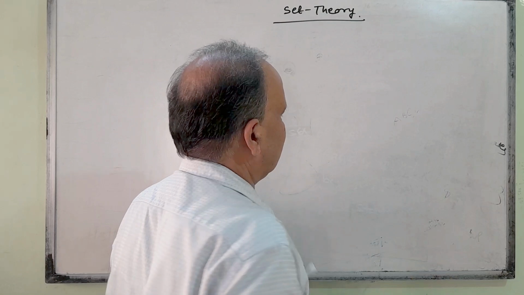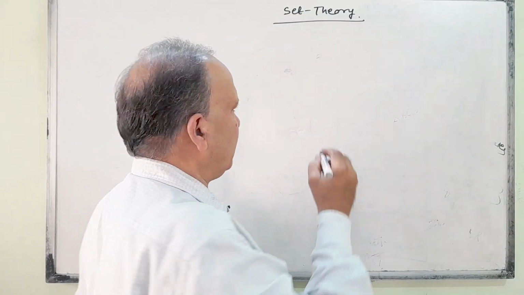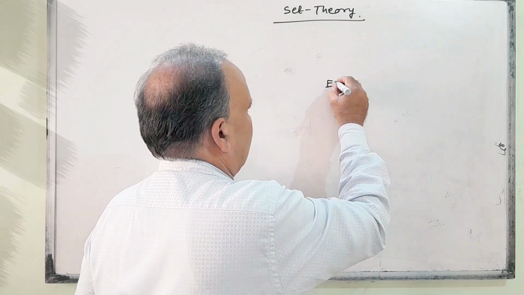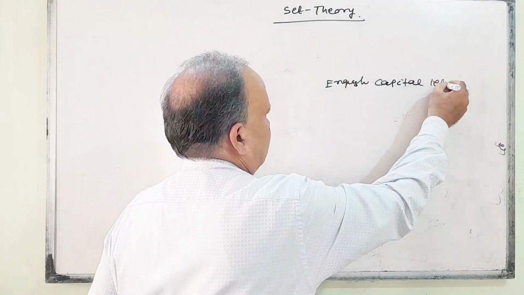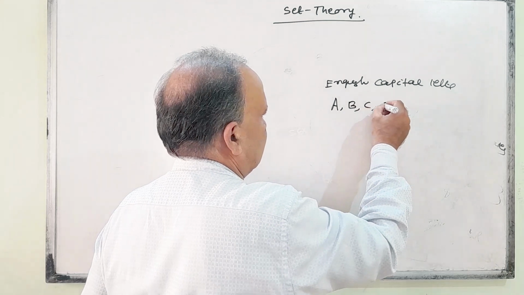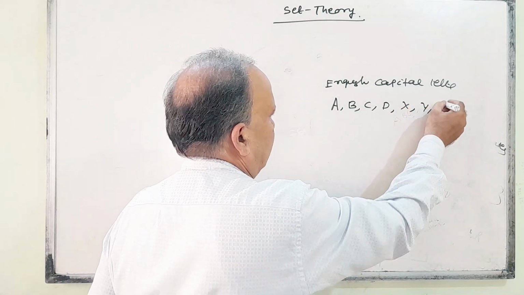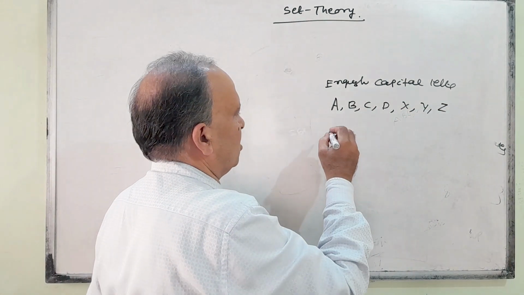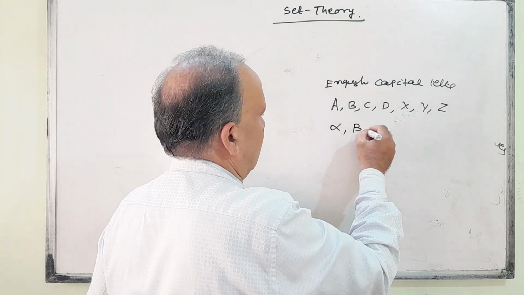So sets are represented generally by English capital letters like A, B, C, D, X, Y, Z. We also use symbols like alpha, beta, gamma.